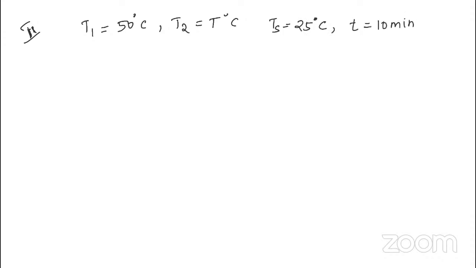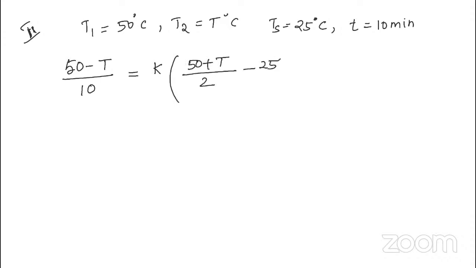Okay, so let us now substitute into the formula: 50 minus T divided by 10 is equal to K into (50 plus T) divided by 2 minus 25. Okay, right?